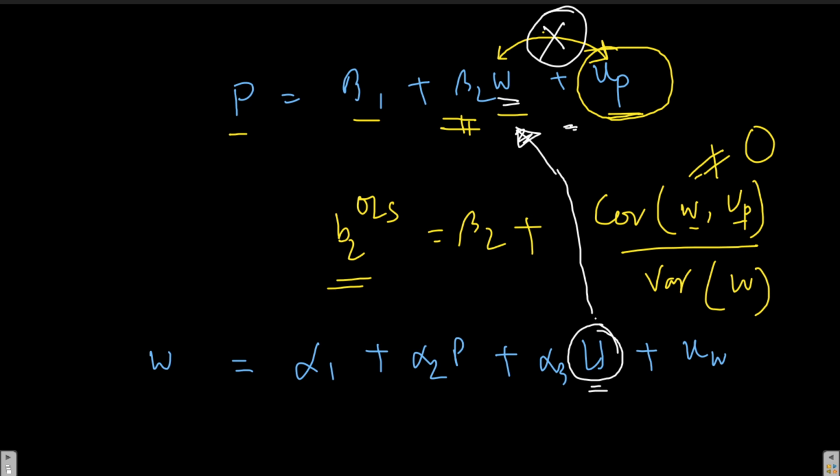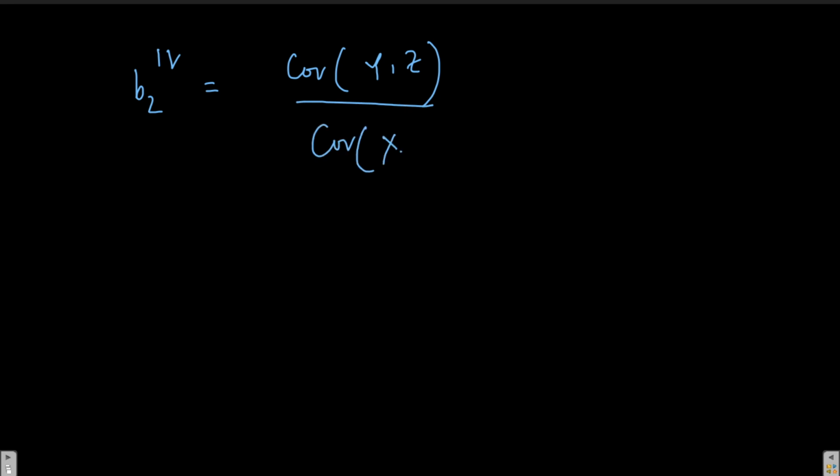If we can do that, then that will be an IV, and as we have seen previously, for an IV estimator we can write B2 IV is equal to beta 2 plus, in covariance terms, the covariance of z and u divided by the covariance of x and z.